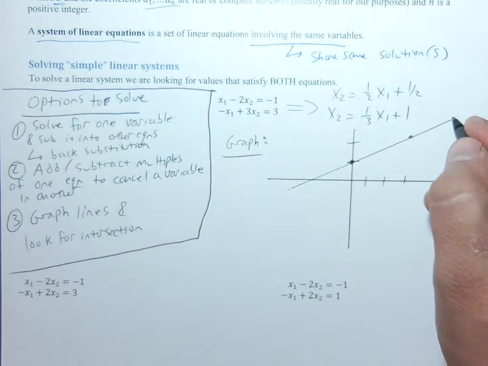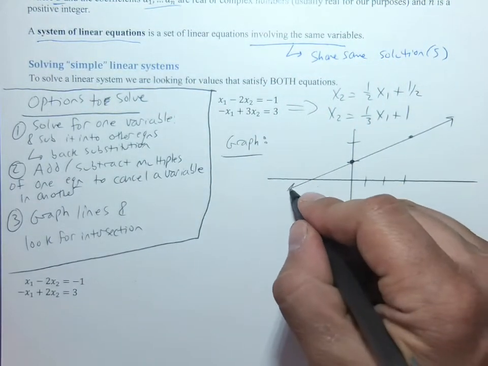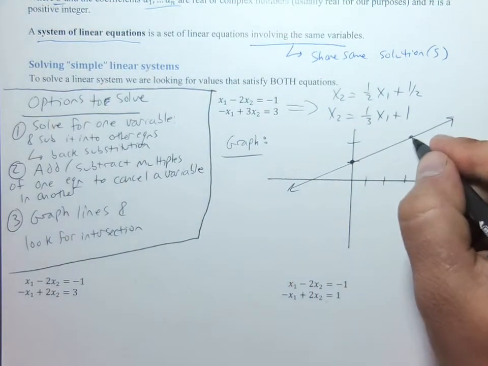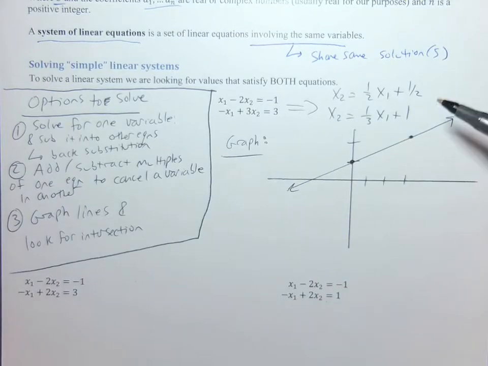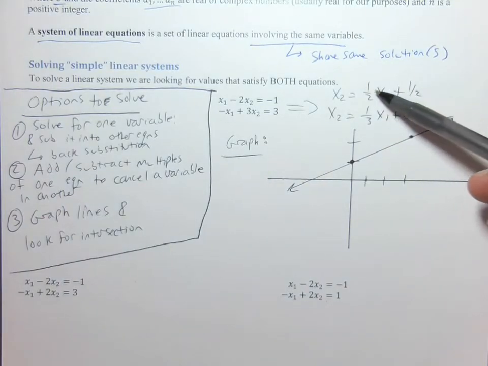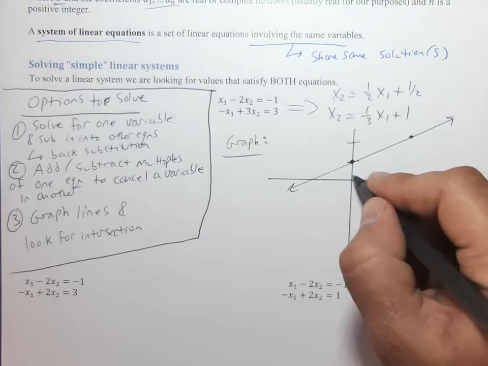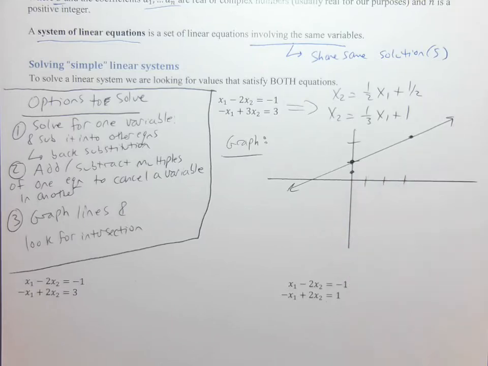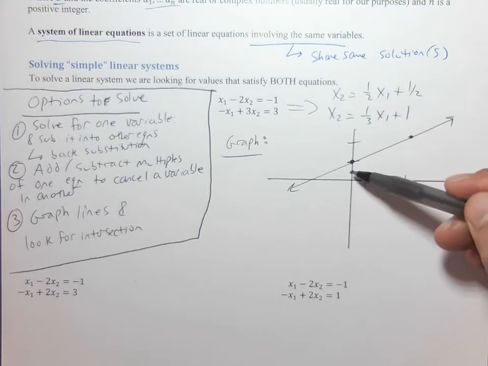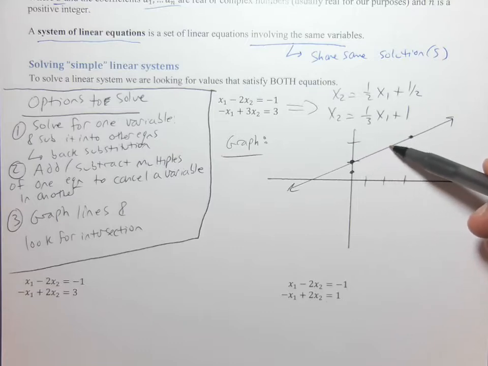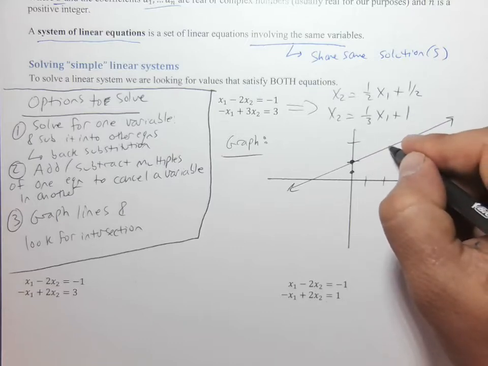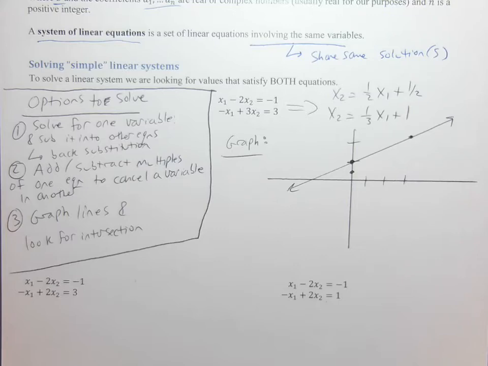Now, of course, I'm doing this by hand, so hopefully it works out nicely. I'm trying to use rulers to make sure it works, but we'll see. The other equation has a y-intercept of 1/2, so we'd put the y-intercept of 1/2, and then it has a slope of 1/2. So up 1 over 2 might be right there. Is that right?